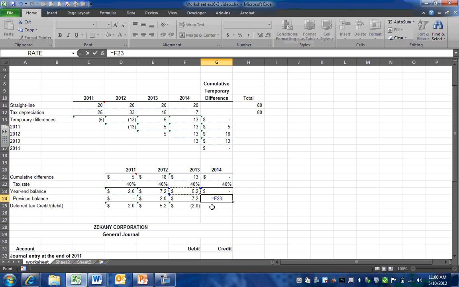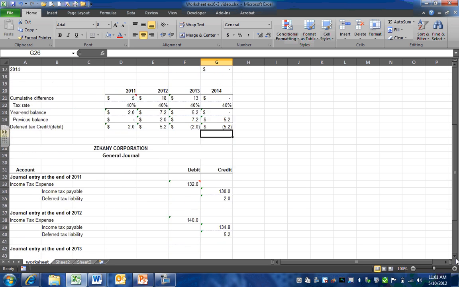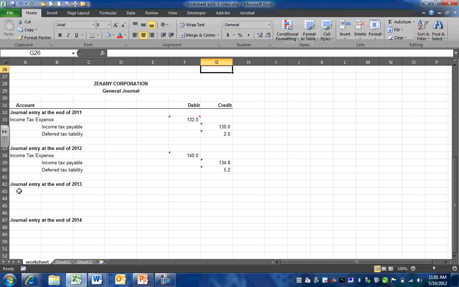In 2014, we began the year with a balance of 5.2. We have to bring that down to 0. So we will debit our account for 5.2 million in 2014. So our journal entry for 2013 will be a debit to income tax expense, since we'll be reducing the deferred tax liability. We'll be debiting it, and we'll again be crediting our income tax payable based on the taxable income we calculated above.